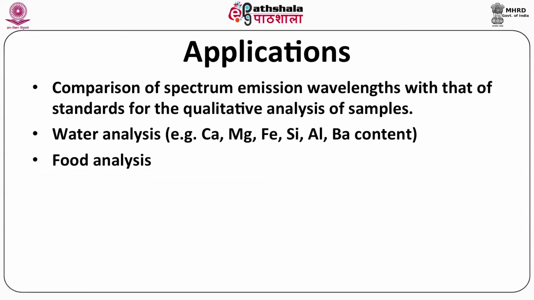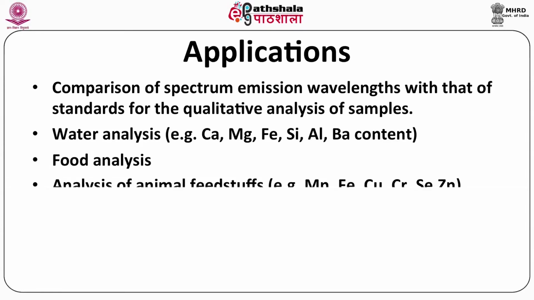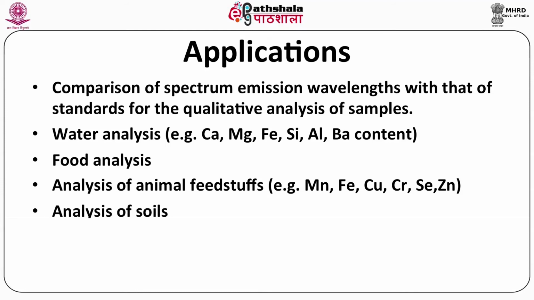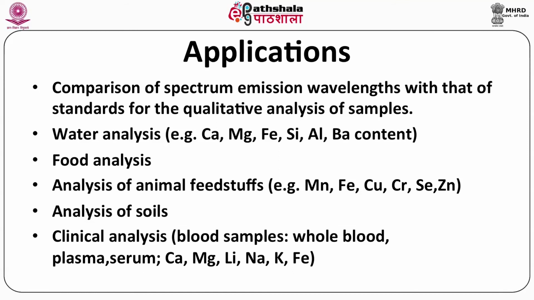This technique is also used for food analysis of animal feed stuff to check manganese, iron, copper, chromium, selenium and zinc content. It is also used for the analysis of soil and clinical samples such as whole blood and plasma, and for detection of different metals such as calcium, magnesium, lithium, sodium, potassium and iron.